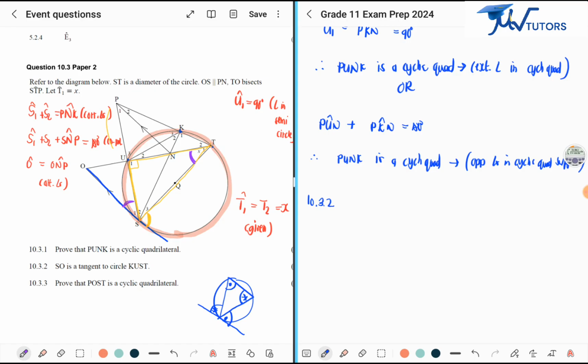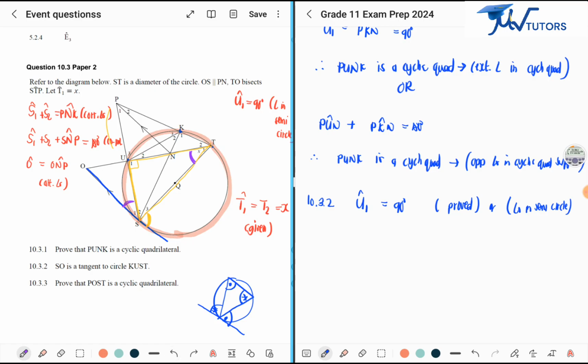So I know that U1, let me start with the first one, then we'll look at the other one. I know that U1 is 90 degrees, okay? And I've proved that before. Or if you don't want to say you proved, you could just say it's because of TS being the diameter. Okay, so angles in a semicircle. And then I also need to show that this S is 90 degrees.